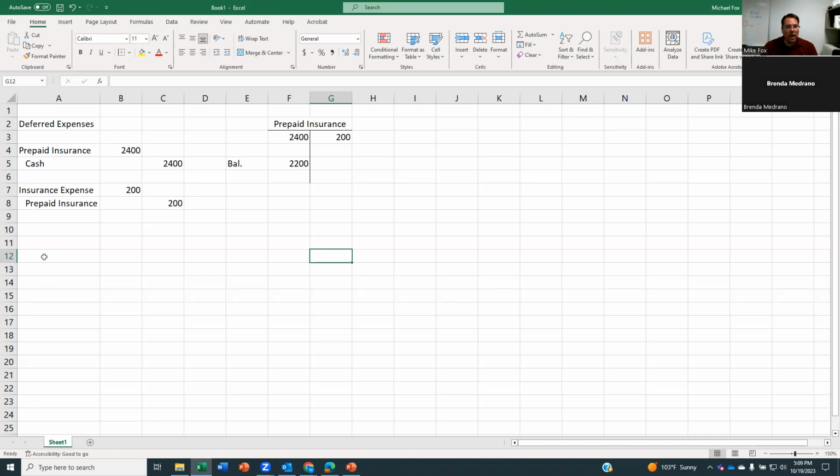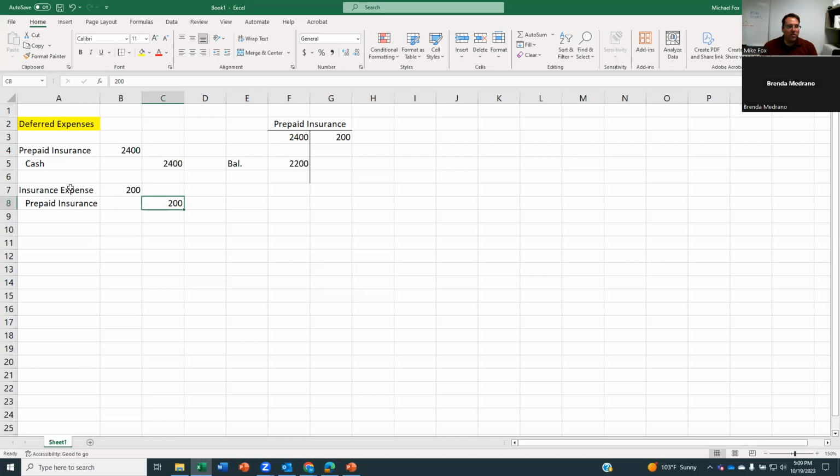Yeah, so every journal entry has to be balanced, has to have debits and credits of the same amount. And so all that the deferred expense adjusting entries are is when we have an asset that we're going to then use up over time. So prepaid insurance, we're going to use it up over the next year.